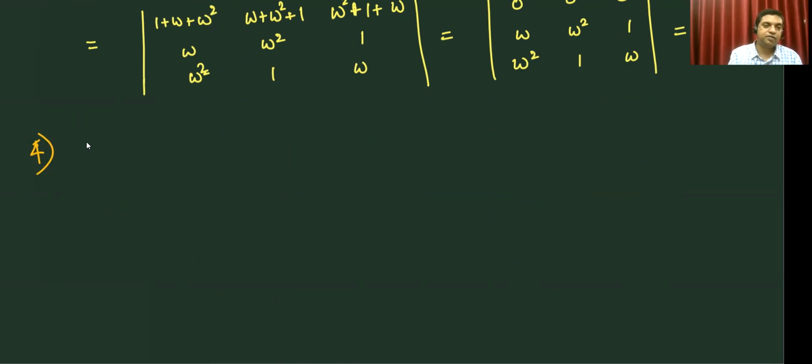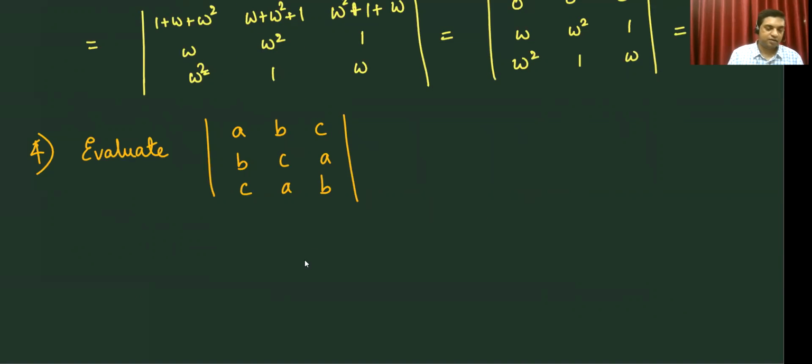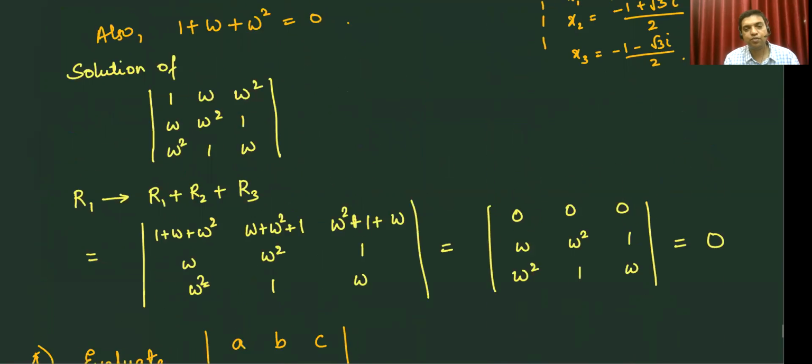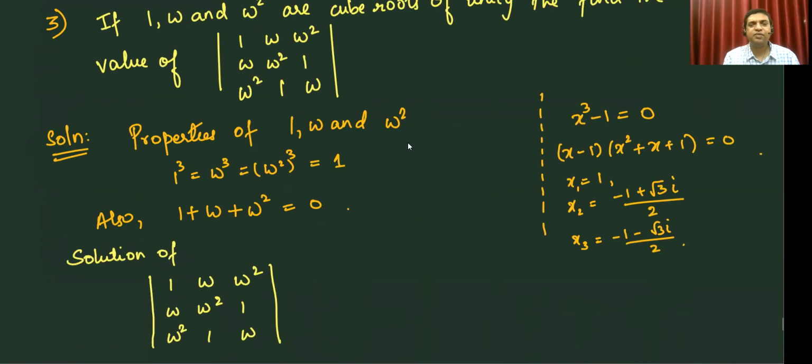Okay, evaluate the determinant of A, B, C; B, C, A; C, A, B. Sir, so there's only one property for the previous question? Yes, 1 plus omega plus omega square is 0. Because we have not done complex numbers, this property is not known. That's why I gave that property.